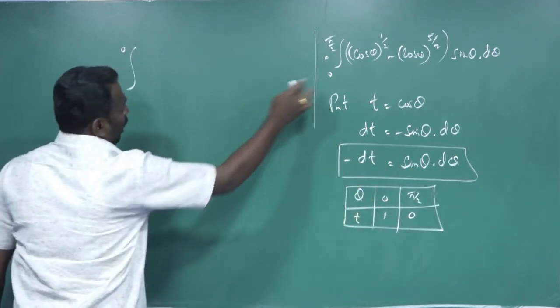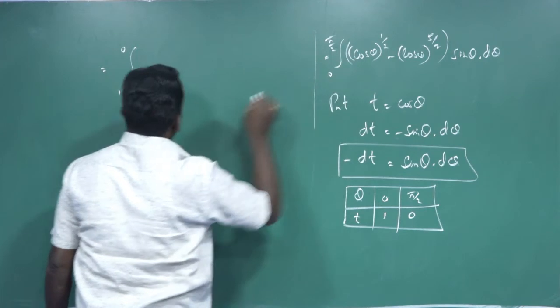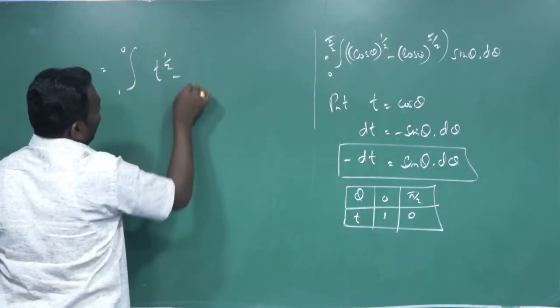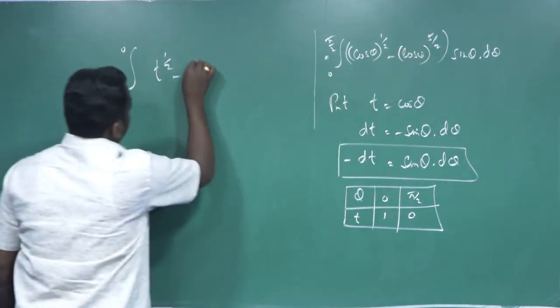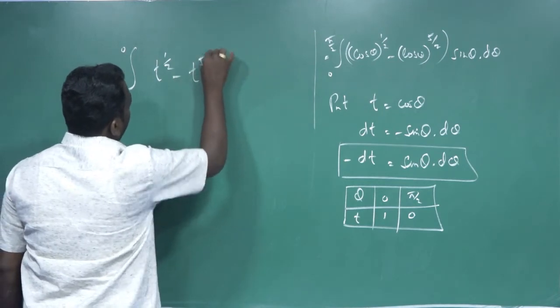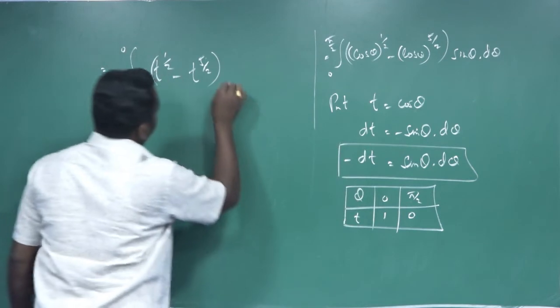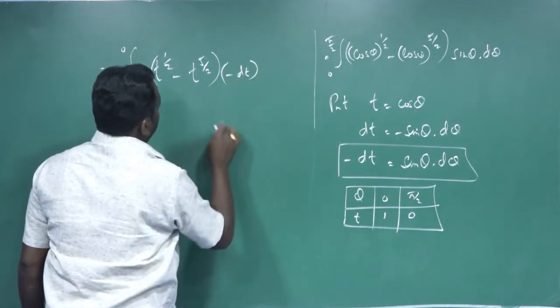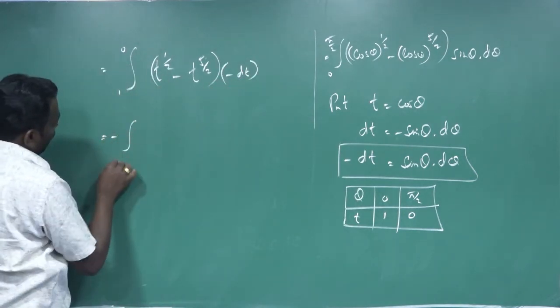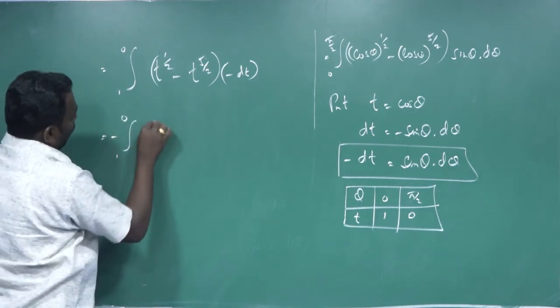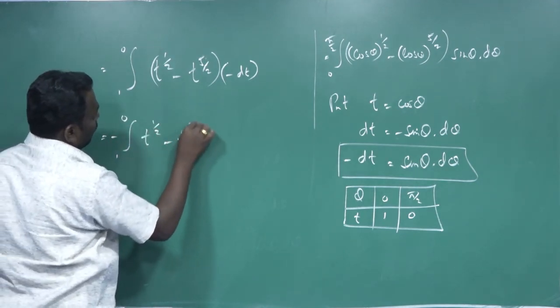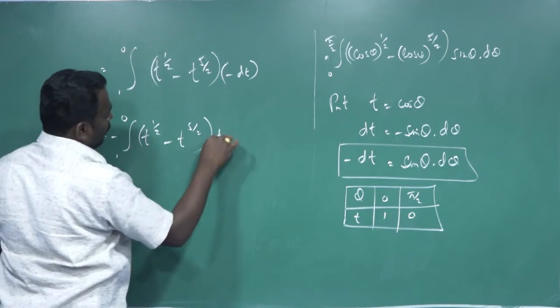Therefore cos theta whole power 1 by 2 is written as t power 1 by 2 minus t power 5 by 2 into sin theta d theta, which is equal to minus dt. Now write minus outside: minus integral 1 to 0, t power 1 by 2 minus t power 5 by 2 into dt.